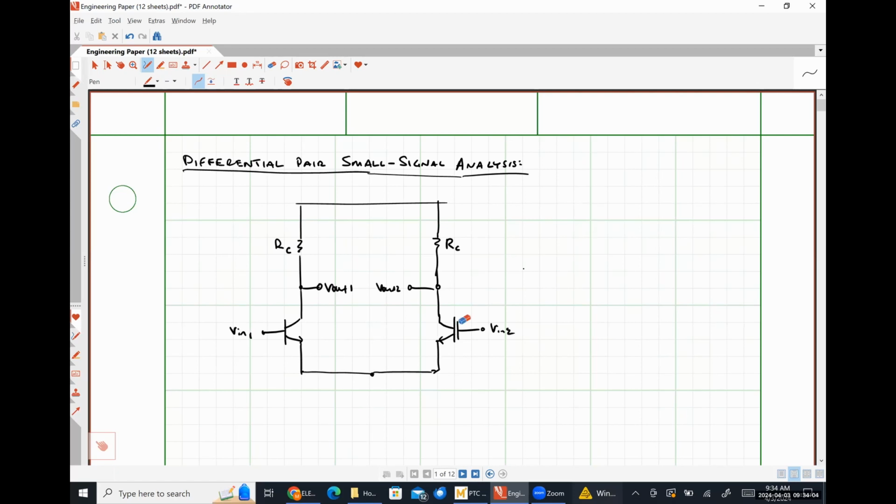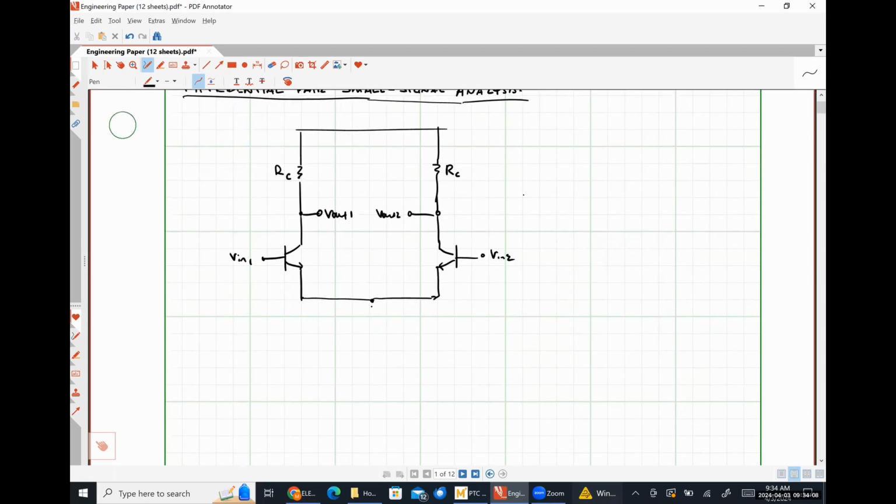Don't know why I put that line there like it was a MOSFET. Let's fix that. Tail current, IEE. This is transistor Q1, transistor Q2.